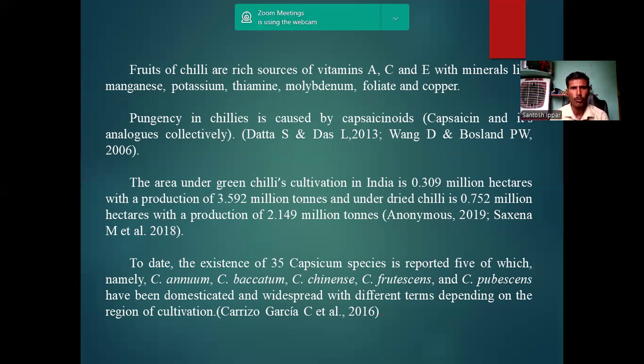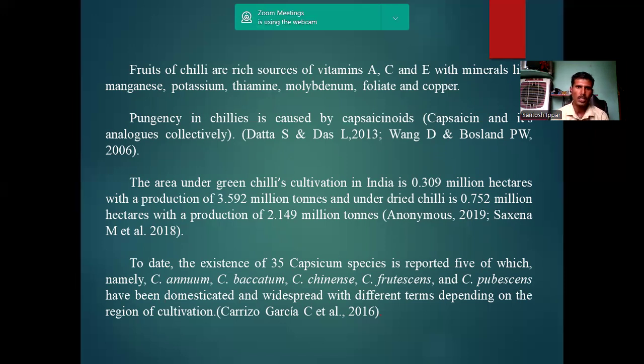Chili has very good importance in the diet and in the economy. This slide shows the rich sources in chili fruits. Chili fruits are rich in vitamins A, C, and E, and also contain minerals like manganese, potassium, thiamine, molybdenum, folate, and copper.